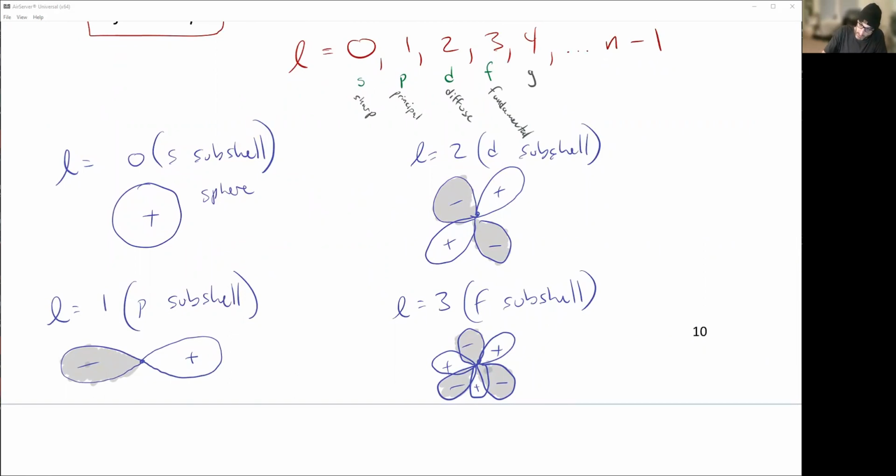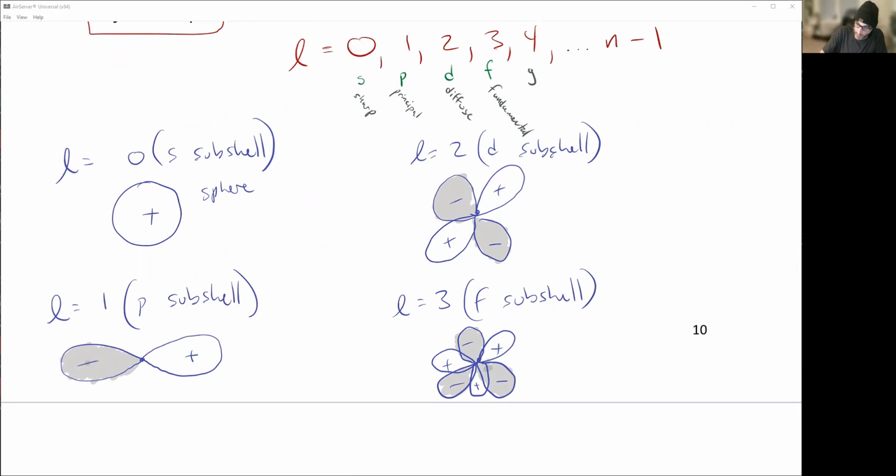All right. So last little bit on this, because this is kind of the buildup. As an example of where we would actually use this, if n is equal to 3, that means that L is equal to 0, 1, and 2, because n minus 1, so 3 minus 1 is equal to 2.